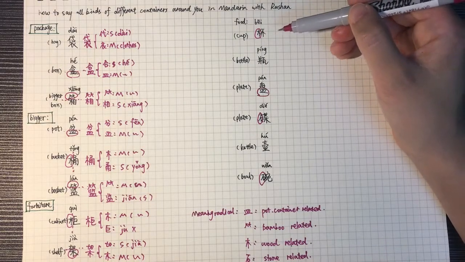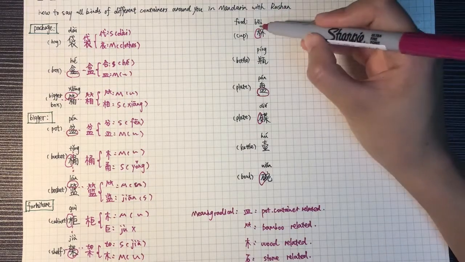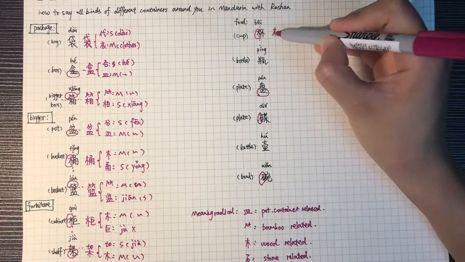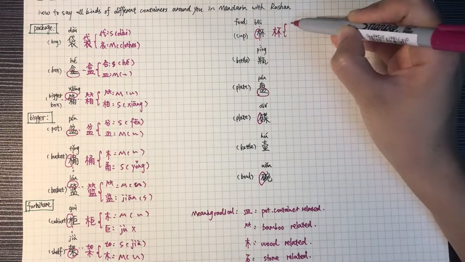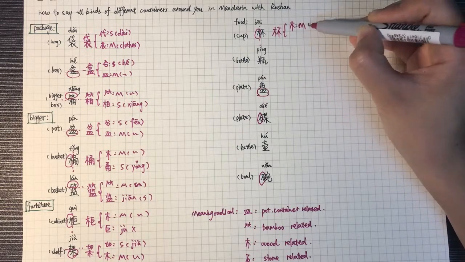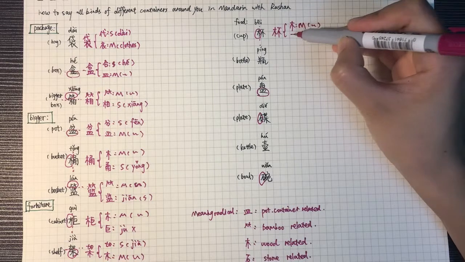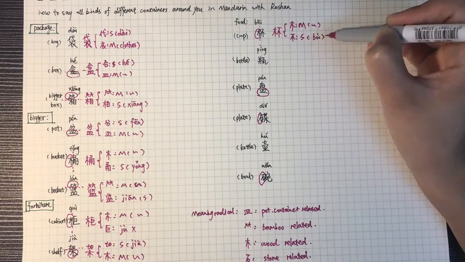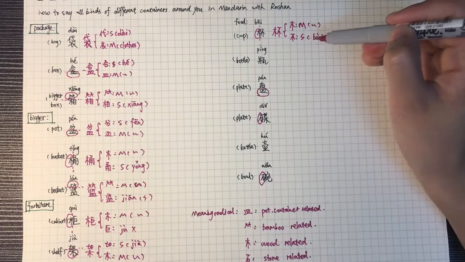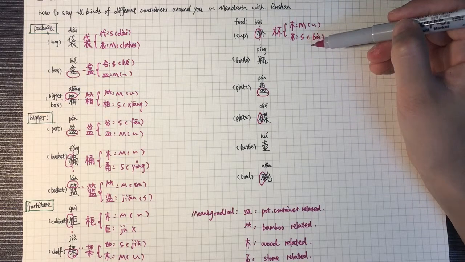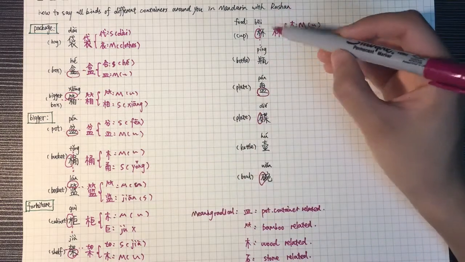Let's move on to here. It's a left-to-right structure, with 木 as the meaning radical. Then the next one is a sound radical that sounds like 不. So now they have the same consonant instead of the same vowels as these two.